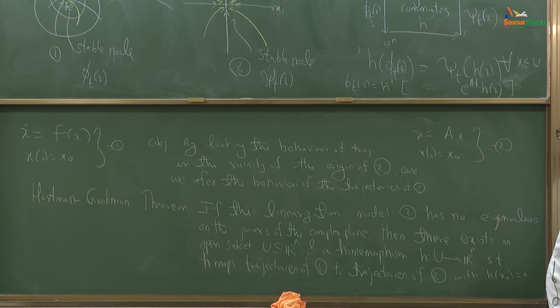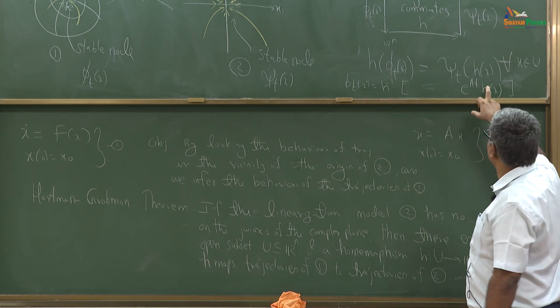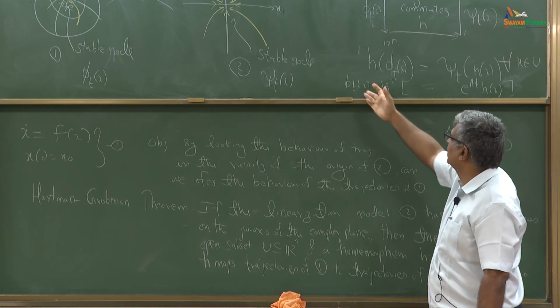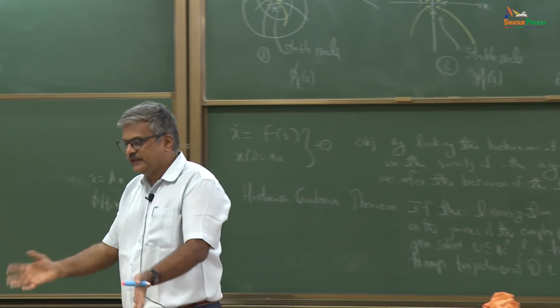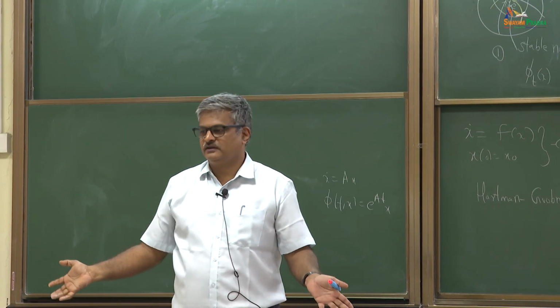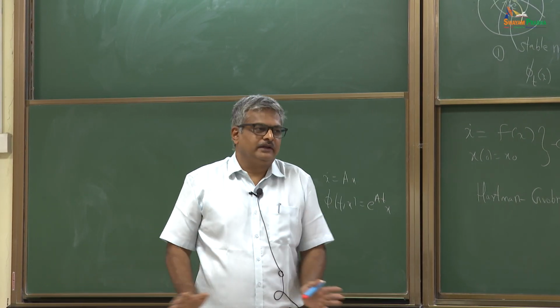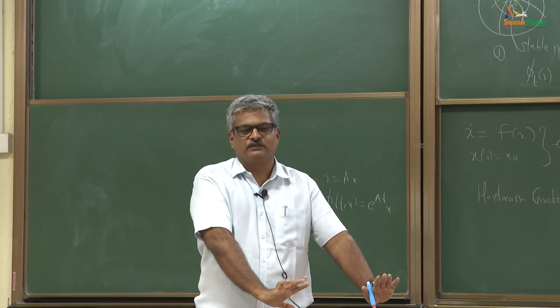So you see, you know H, you know H inverse, you can get the flow for the nonlinear system, right? So locally you can map flow from here to here to here. In essence we are mapping trajectories of the nonlinear system to the trajectories of the linear system.